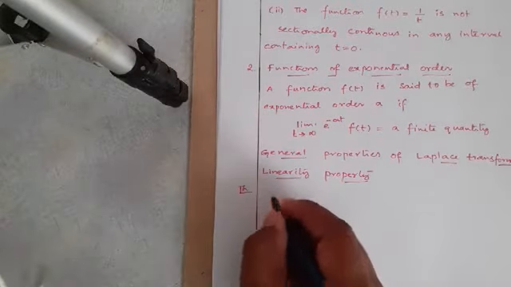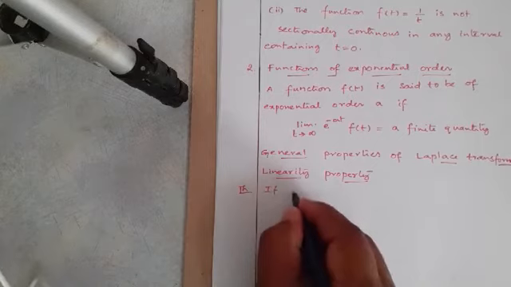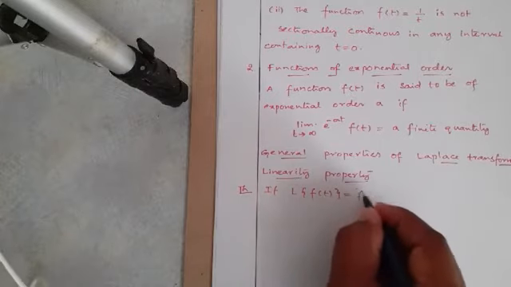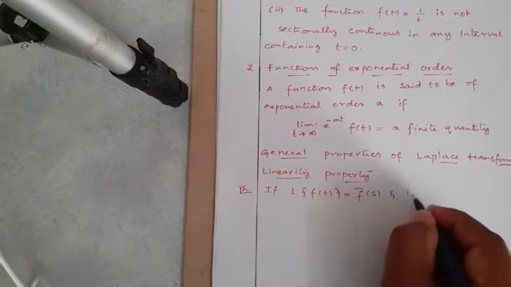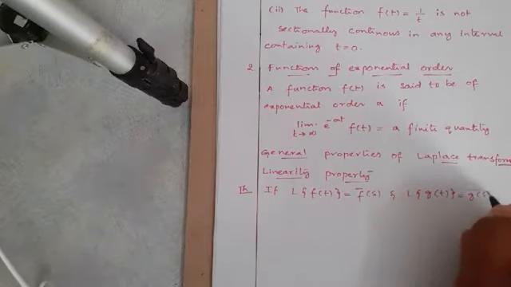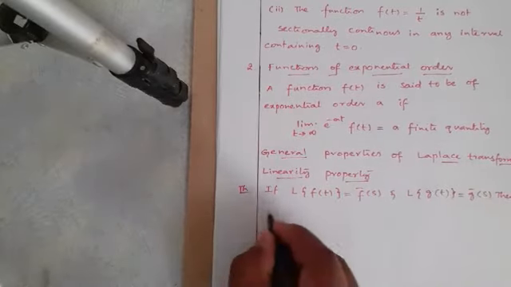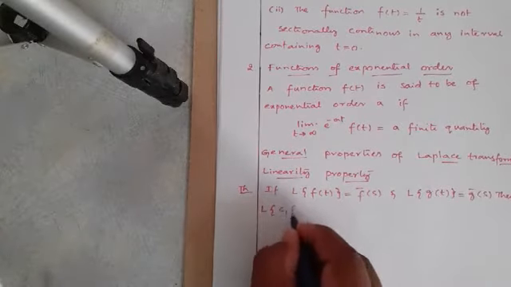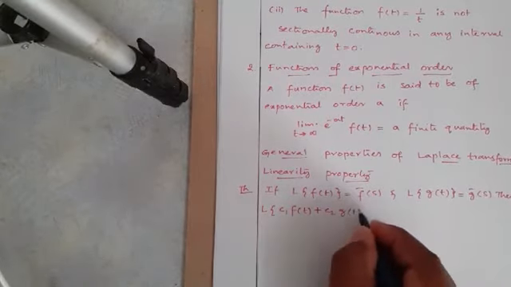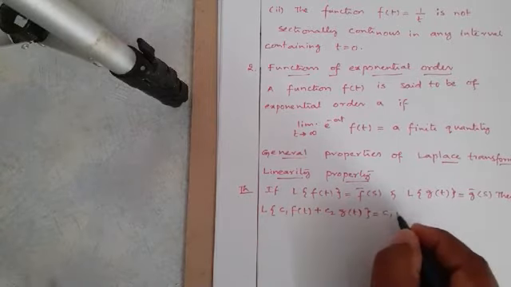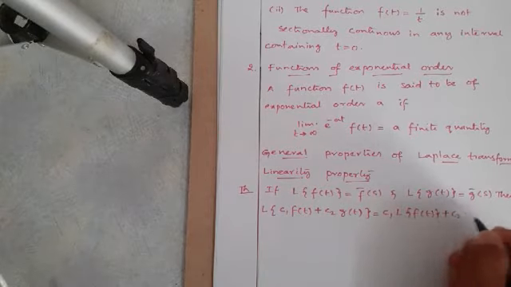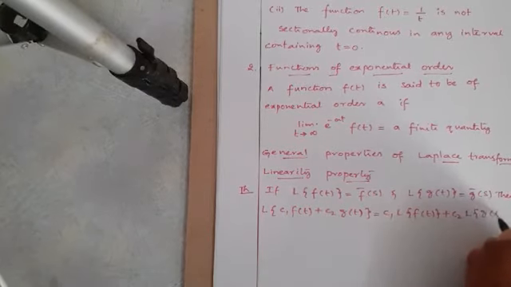The theorem is nothing but: if Laplace of f of t is equal to f bar s and L of g of t is equal to g bar s, then L of c1 f of t plus c2 g of t is equal to c1 Laplace of f of t plus c2 Laplace of g of t.